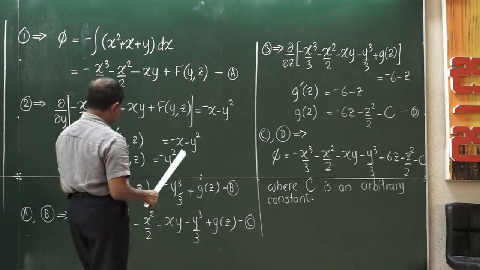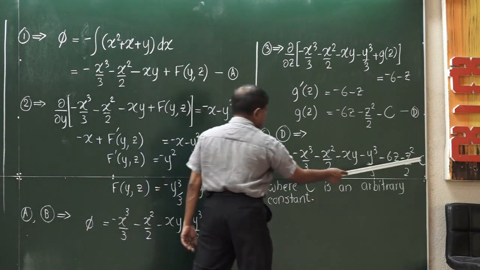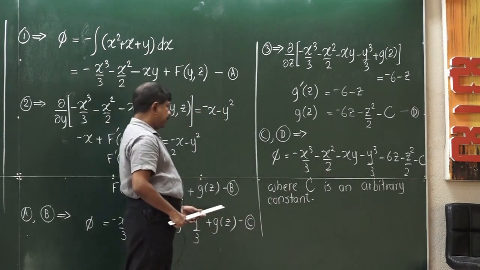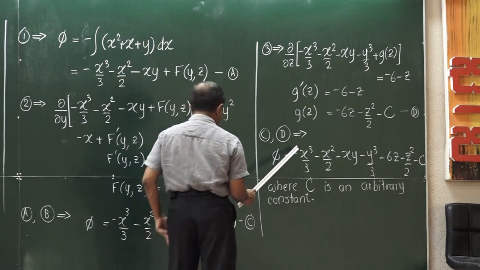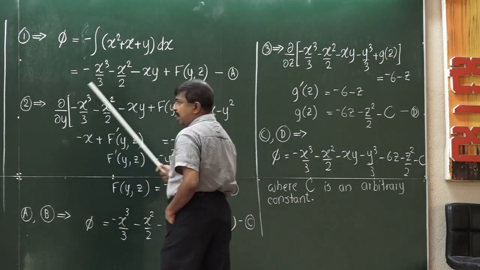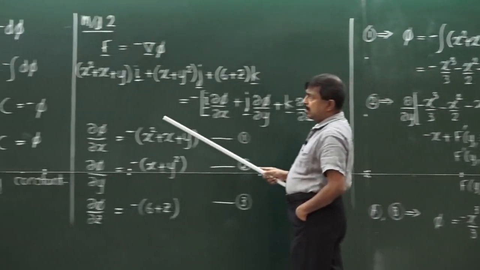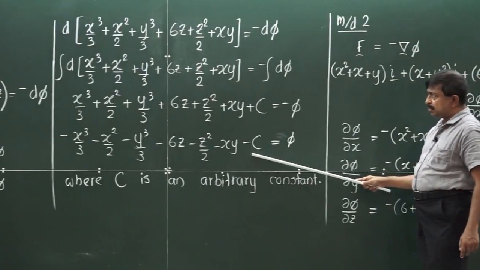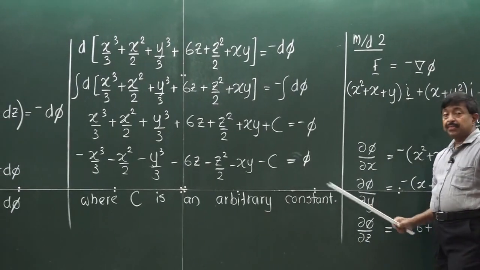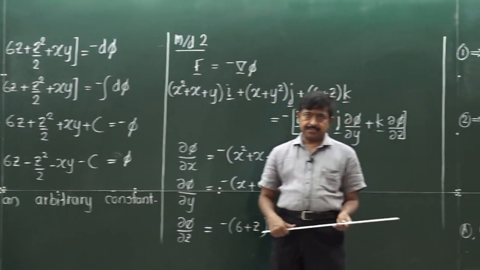First with capital F, second with simple g, third time with arbitrary constant c, right. You can compare this answer with the answer we obtained using the first method, and you can observe that both answers are the same.